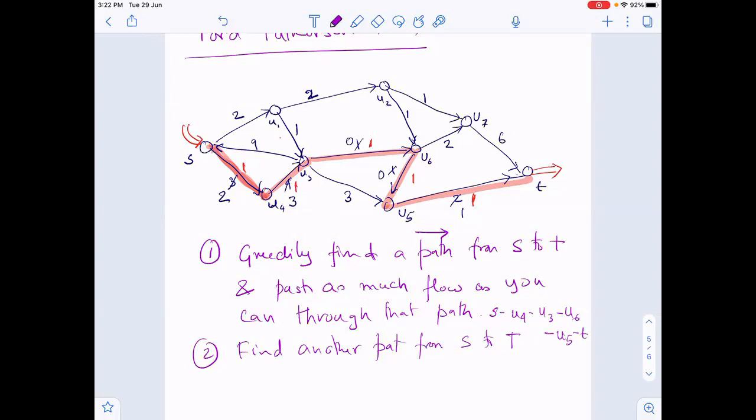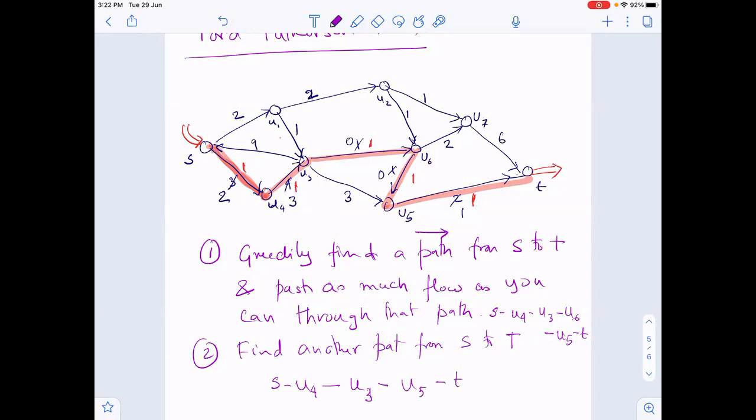Now at this time, I have found a path through the edges which have positive capacity. And here I can send 1 unit. The next one that I can come up with is U4, U3, okay, then again U5, and then T.